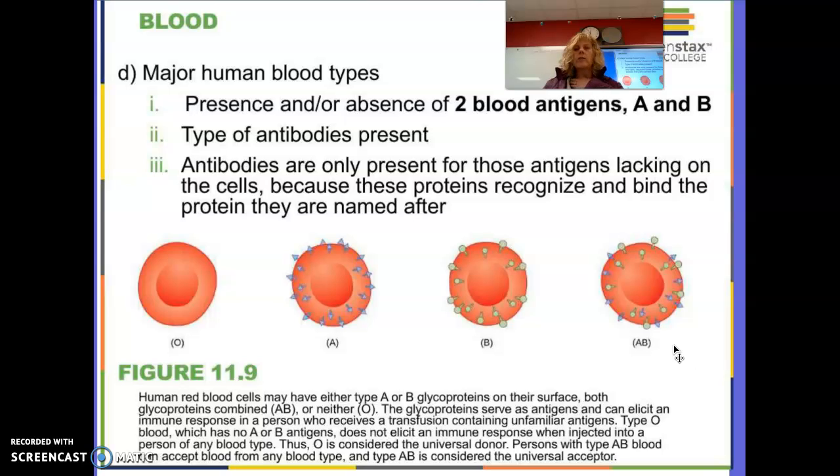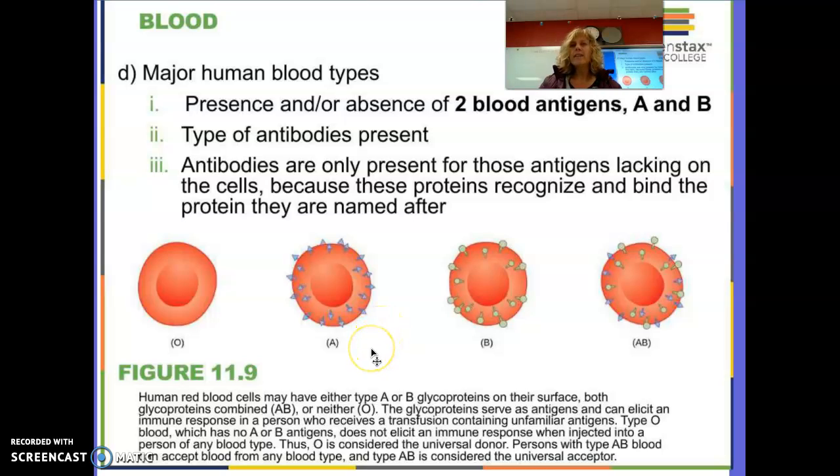And again, I know as you work through that activity, you could see that they make antibodies based on what antigens they don't have, so that they'll recognize blood that has antigens that your blood doesn't have as foreign and attack it.